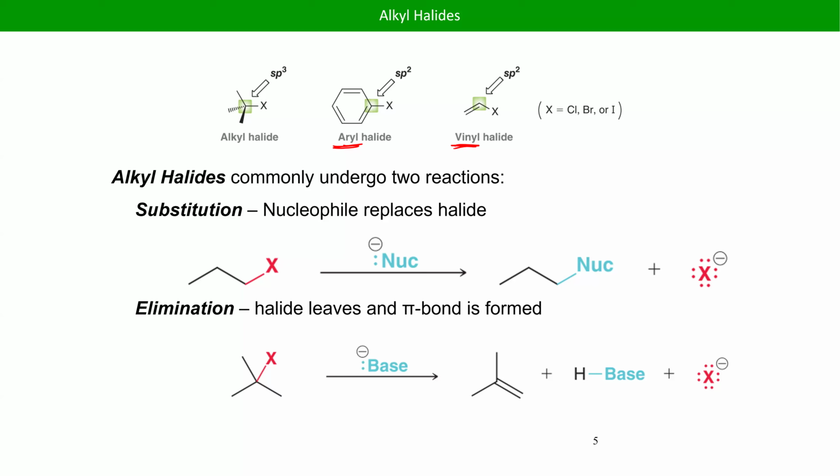So it's called an elimination because you're removing things from your starting material. Basically, if you draw a hydrogen in here from your starting material, if it's an elimination reaction, you're gonna lose the halide and lose a hydrogen. And that results in making something with a pi bond.